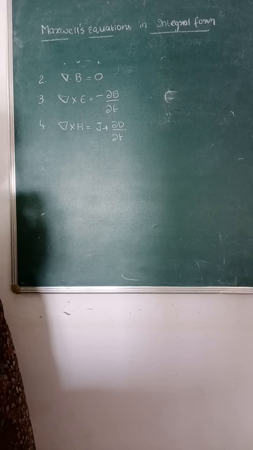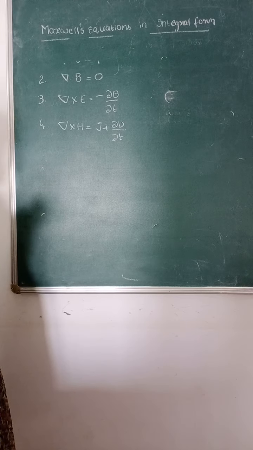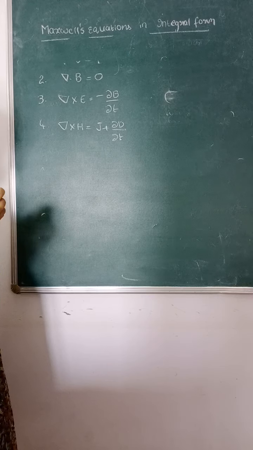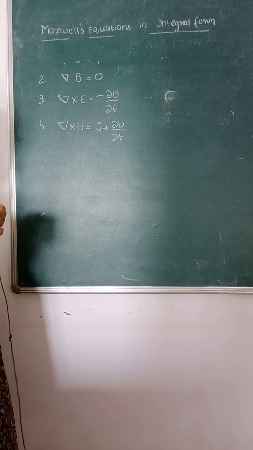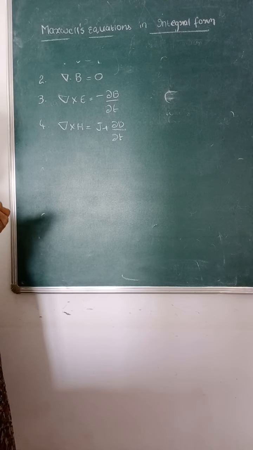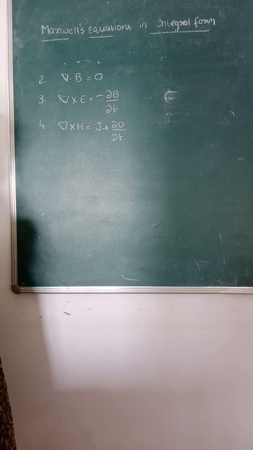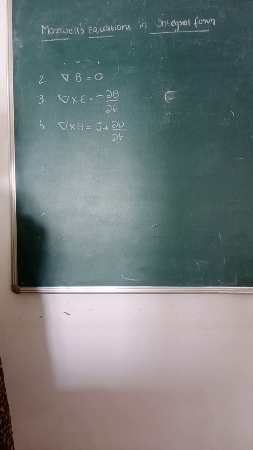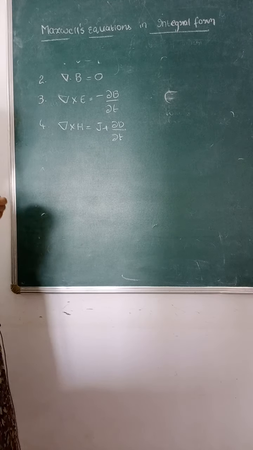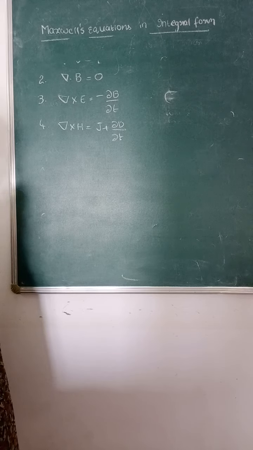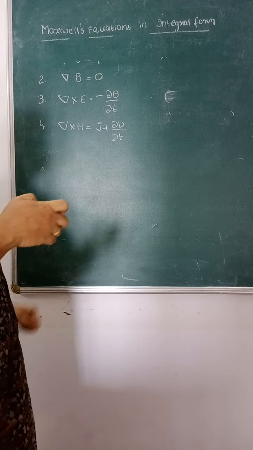The second Maxwell equation is del dot B is equal to 0.